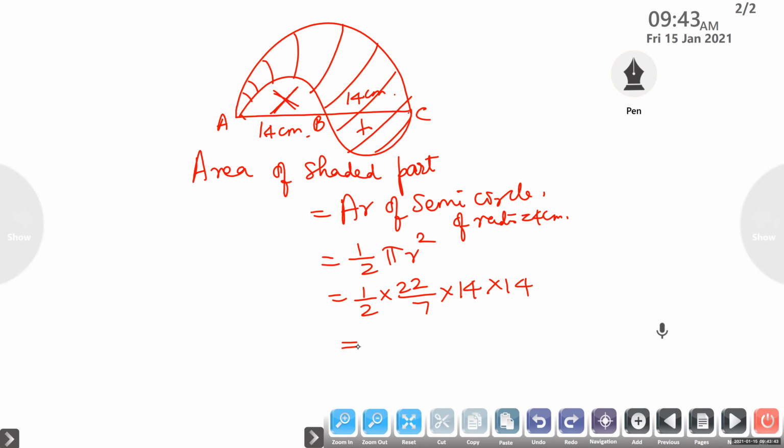308 centimeter square. If you cancel this, this is 11, this is 2. 22 into 14, which is 308.